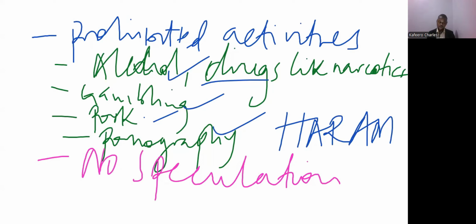So Sharia law is strictly prohibiting any form of speculation, whether it is gambling, whether it's betting, as long as something involves speculating, you are not sure of the outcome, but you are doing it as a business. So they call it maisir.